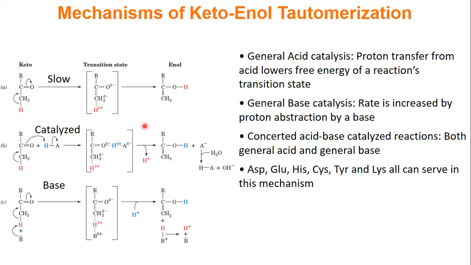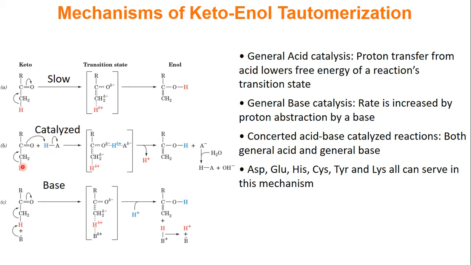The first is acid catalysis. That is, we are transferring a proton to lower the free energy of this transition state. So here we have our ketol, and now we have an acid. So this oxygen is going to take the proton from our acid.